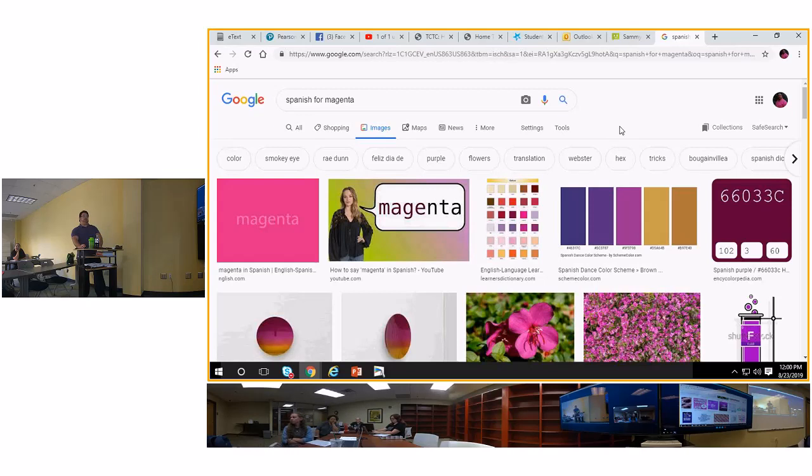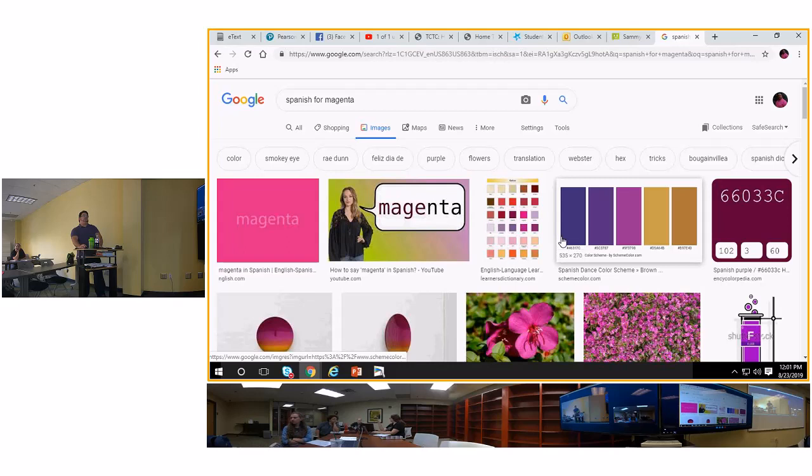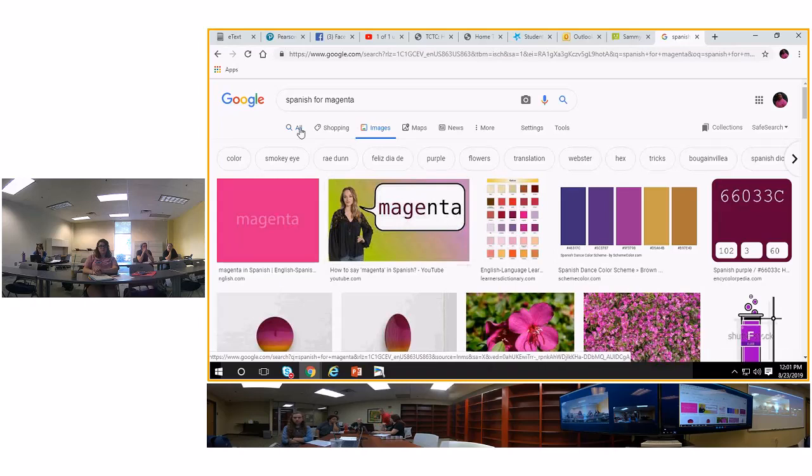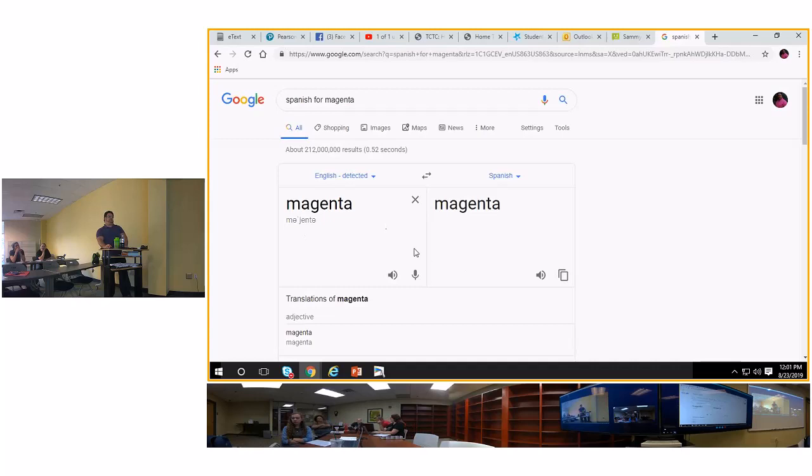So it's just magenta, and I guess it is Spanish for magenta. Let's see if it'll speak. Magenta. Okay, you have to sound Spanish with it. All right, let's do some more.